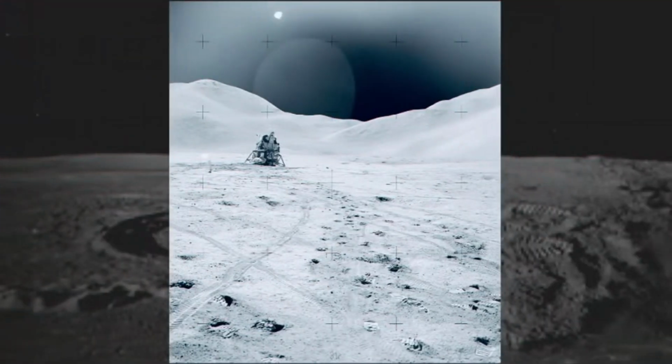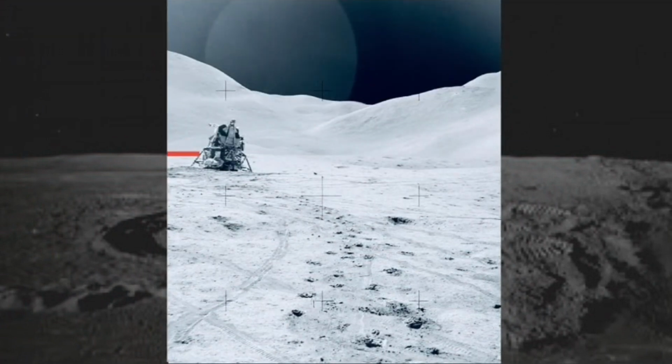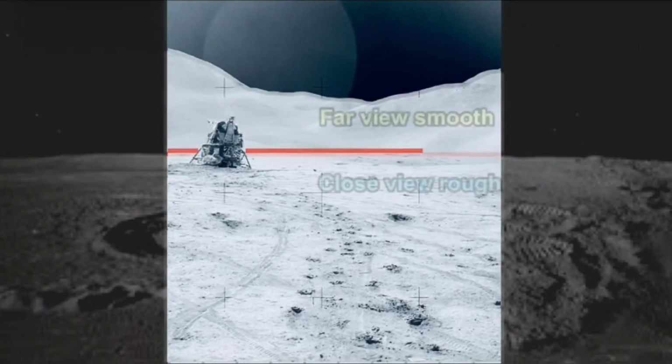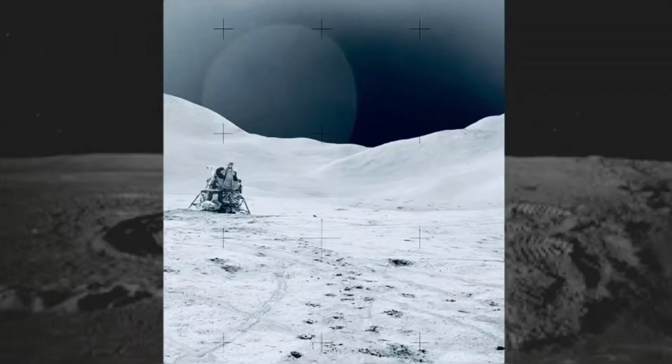There is also a stark contrast between the foreground and background in this photograph. The foreground appears rough, while the background is smooth and mirror-like. Could this be a special effect created by a backdrop? Logically speaking, the background should be several kilometers away from the shooting point, even with a single light source like the sun.